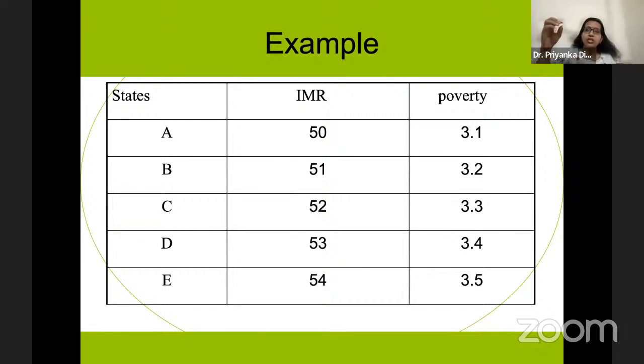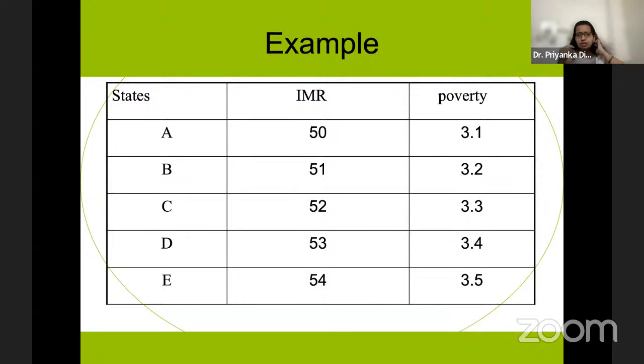So y is, let's say, children ever born, and let's say x is the education. How many years she has spent in schooling? 1 year, 2 years, 3 years. So I wanted to find out what is the effect of years of education on children ever born.